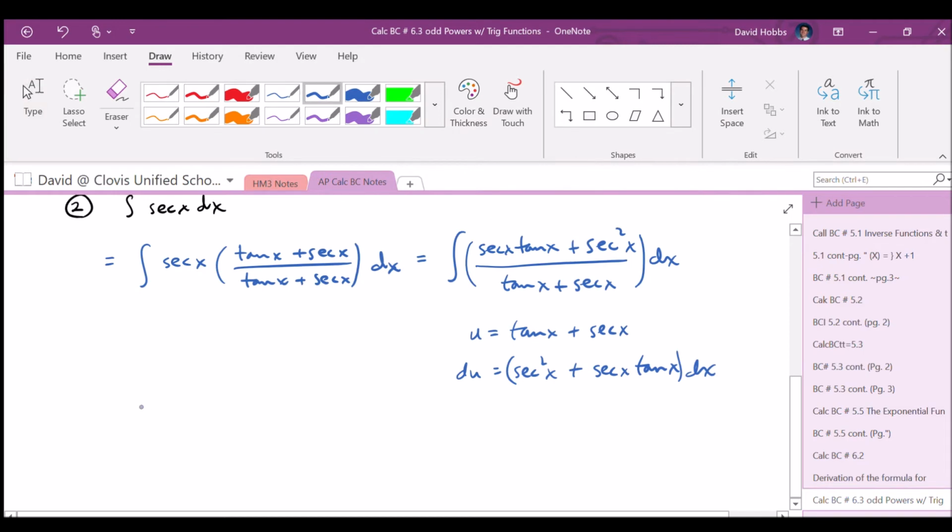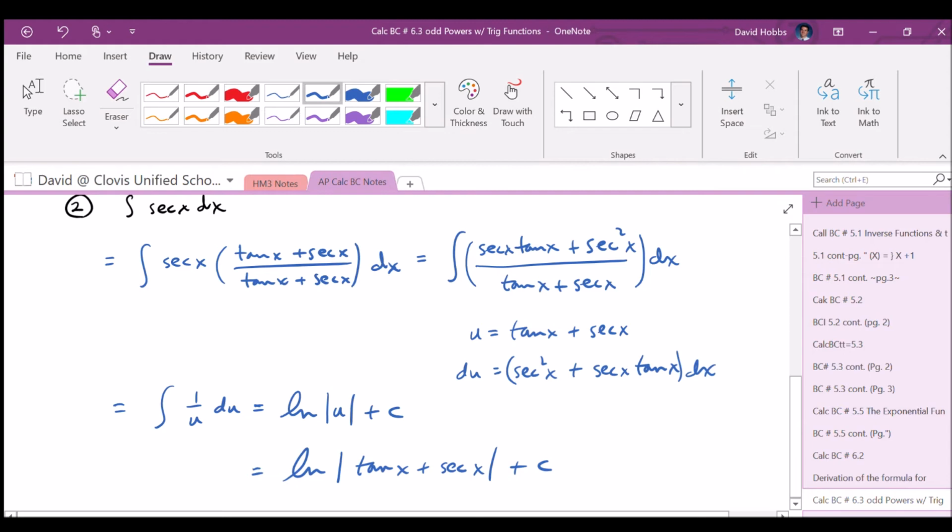And so this becomes the integral of 1 over u du, which is, of course, natural log absolute value of u plus c. Don't forget the absolute value. Some of you forgot that in the last unit, and it's important to remember that absolute value. And now don't leave it in u land, so natural log absolute value of tangent x plus secant x plus a constant.